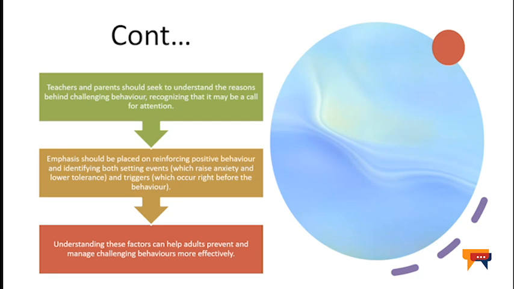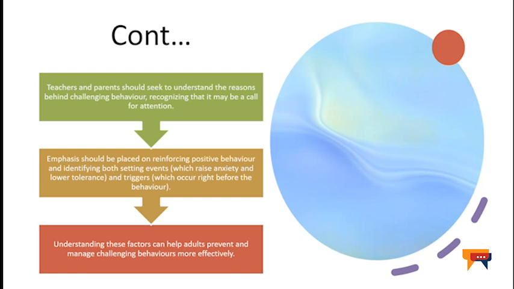As we continue, we're saying teachers and parents should seek to understand the reasons behind challenging behavior. This can be possible only if teachers give themselves enough opportunity to recognize that it may be a call for attention.